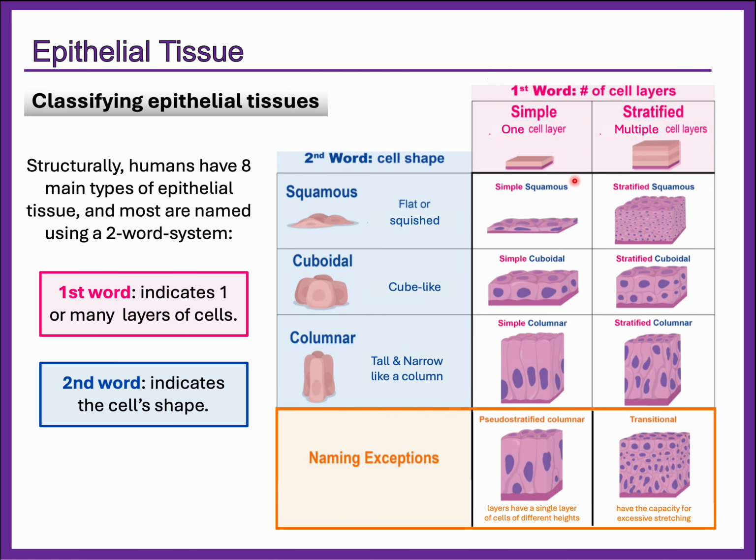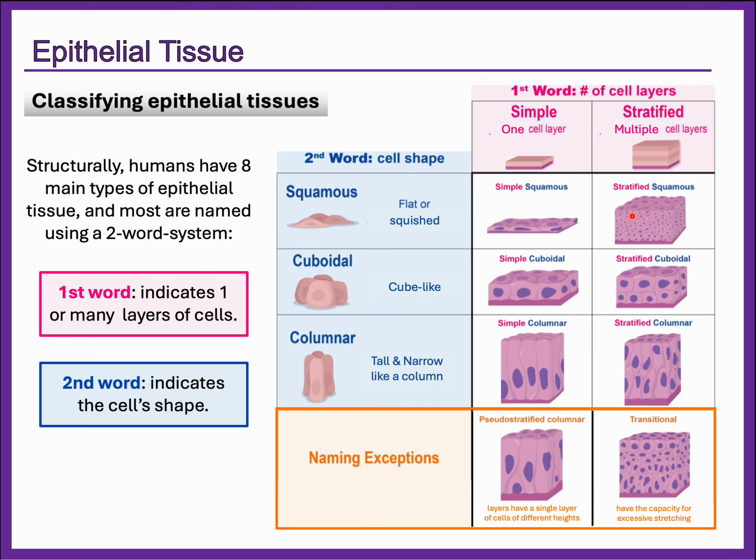So look at this. Here I'd call this simple because there's simply one layer, and it's squamous because these are squishy cells. This is simple because it's one layer, and they're cube-like cells, so they're cuboidal. This is simple because it's one layer, and it's columnar because they're nice column shapes.